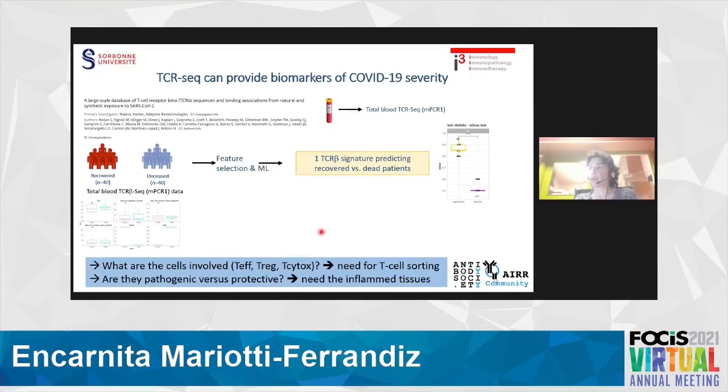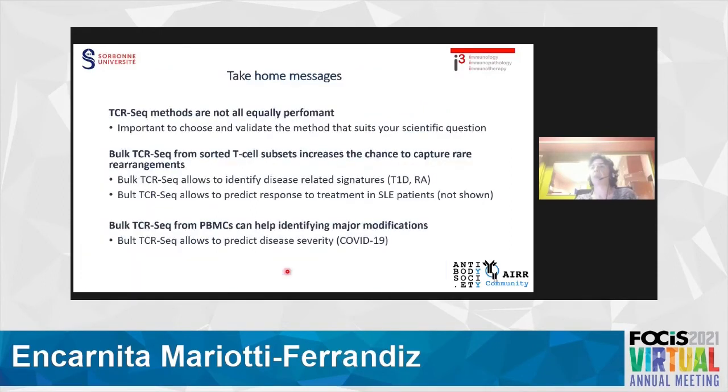Those results were quite interesting at different levels. First, our methods could be applied to different types of data and different types of settings. Nevertheless, because here we are looking at total T cells, we don't know which cells are involved, and therefore it's difficult to work out the biology behind those signatures.